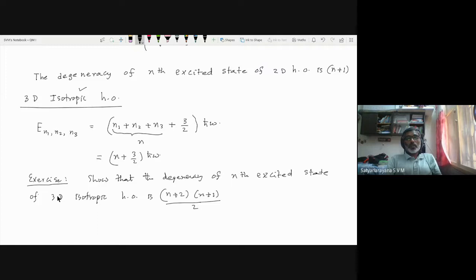So if I take n equal to 1 and 3, yeah, I think this is correct. So it is n plus 2 into n plus 1 by 2.